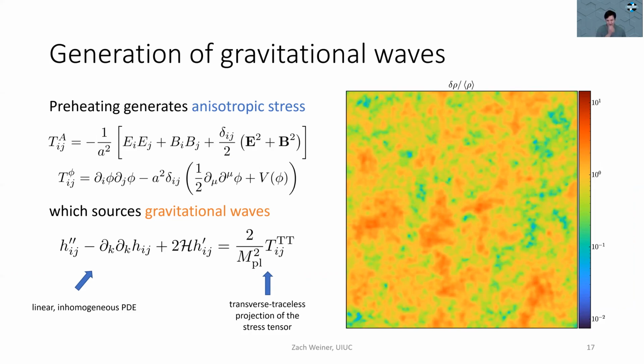And essentially gravitational waves just obey a linear, inhomogeneous, hyperbolic partial differential equation that's sourced by this anisotropic stress. It's no problem to solve that in tandem with the rest of the fields, including the inflaton that we talked about earlier, and to make predictions of what we would see today.